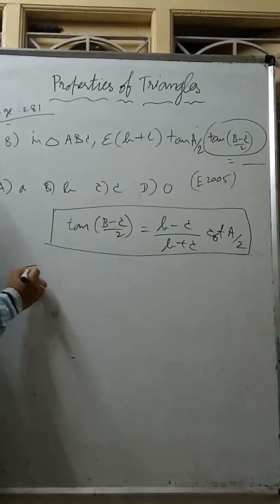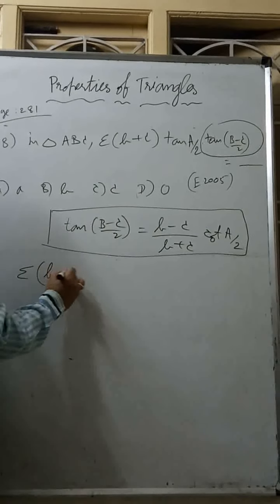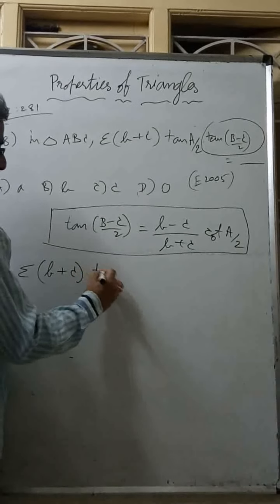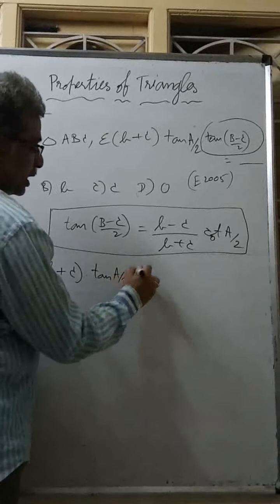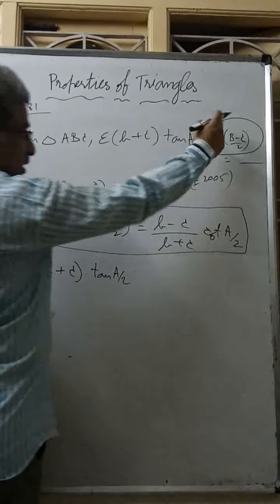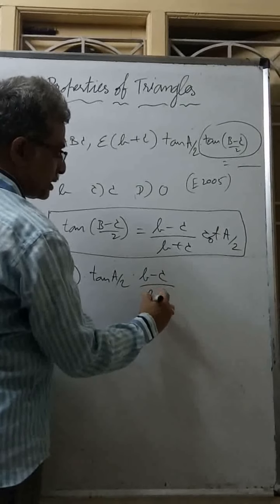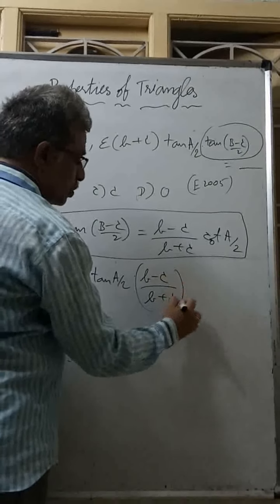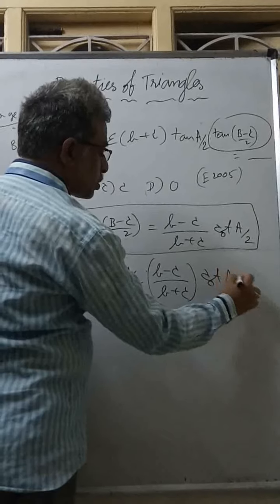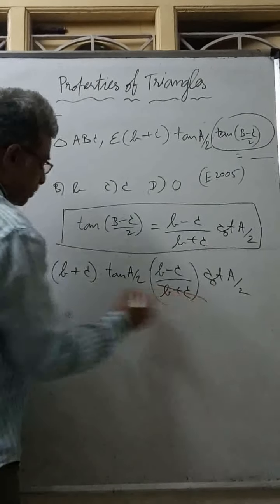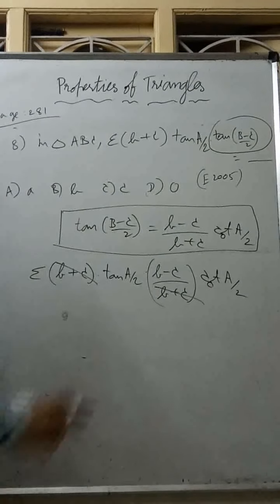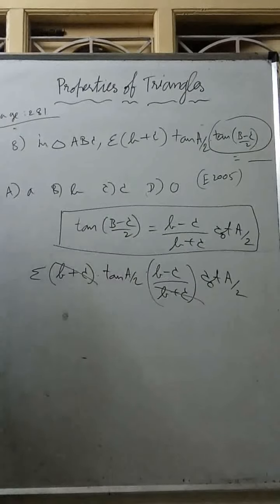So I am going to use Napier's formula. This is sigma of (b plus c) into tan A by 2, into, instead of tan of (B minus C) by 2, I will use Napier's formula (b minus c) by (b plus c) into cot A by 2. So b plus c gets cancelled and tan A by 2 into cot A by 2 becomes 1.